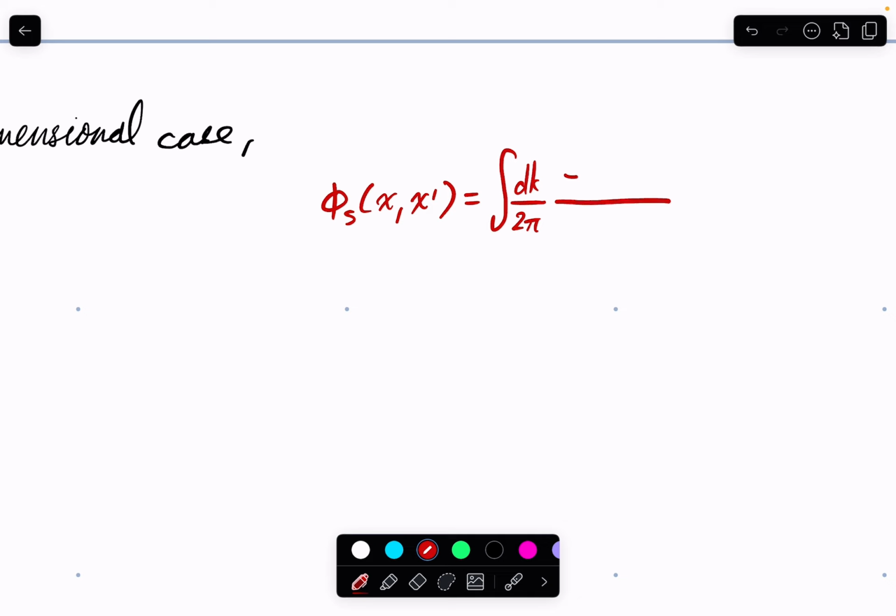And this will look like minus i k times the position minus the other position. This would be minus k squared plus m squared.